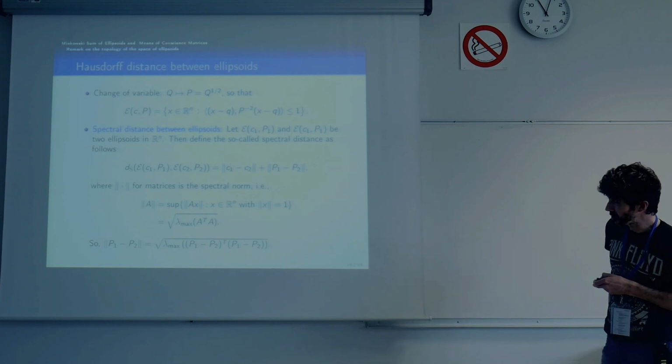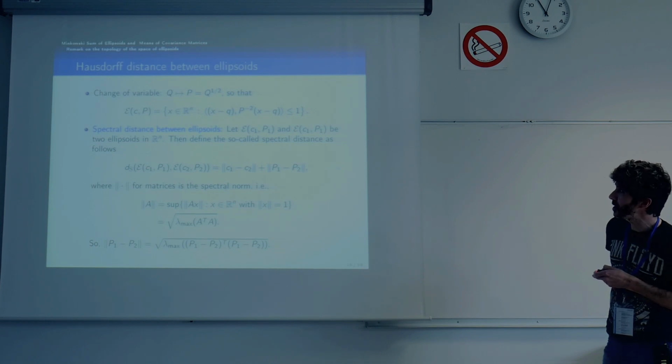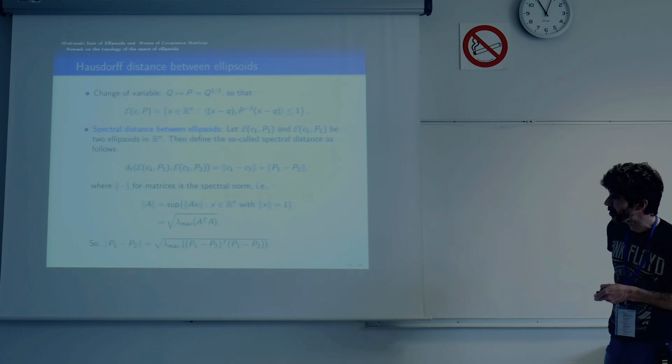So basically, we will consider on the one hand the spectral distance between the two shape matrices, here P. For two ellipsoids, we will define the spectral distance between the two ellipsoids. On the one hand, with this distance between the centers, this is just the L2 distance between the vectors of the position of the ellipsoid, and this one, which is just the spectral norm of the difference of the matrices, a very well-known norm in matrices.